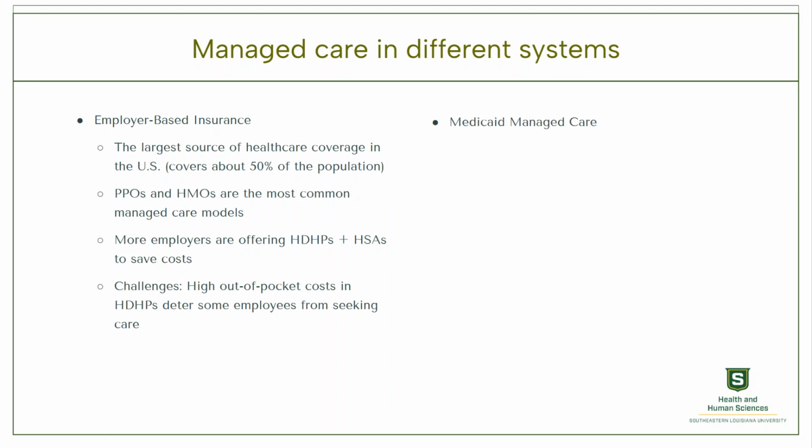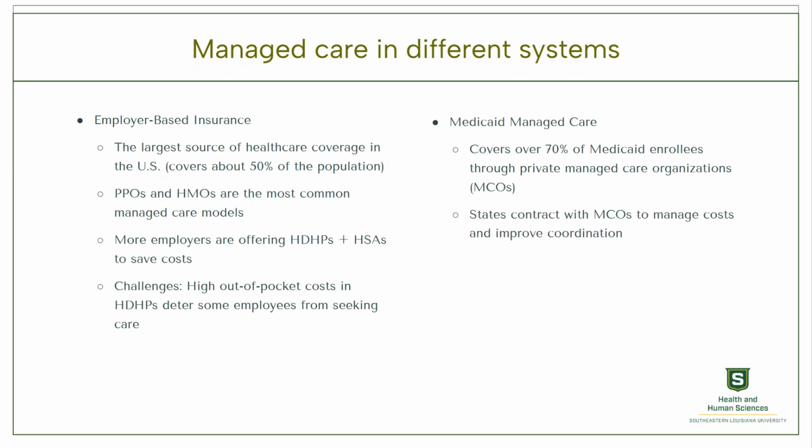And then with Medicaid, how it works with managed care is that over 70% of all Medicaid enrollees are actually done through managed care organizations, most of which are private organizations, like I mentioned. So, what happens with Medicaid is that the states have contracts with the managed care organizations, more or less to help us control our costs and improve coordination of services.